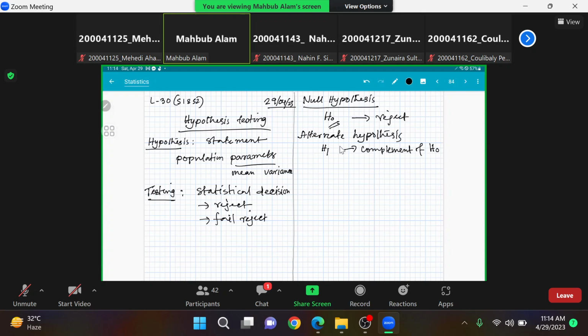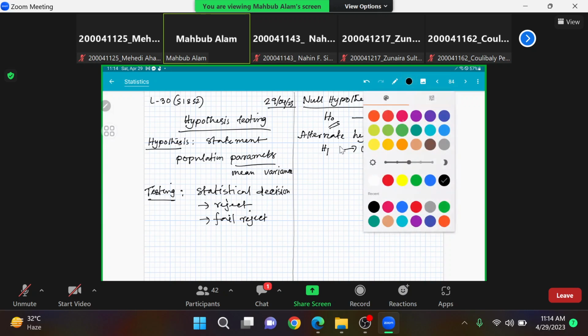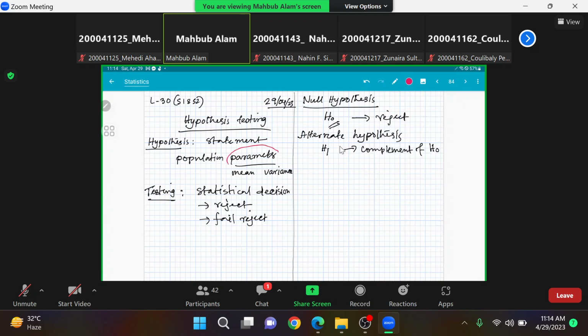So in hypothesis testing, to conclude, we need to first identify the parameter related to the testing. Once we have identified the parameter, we need to define the null hypothesis and the alternate hypothesis.